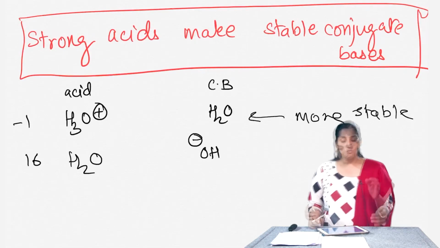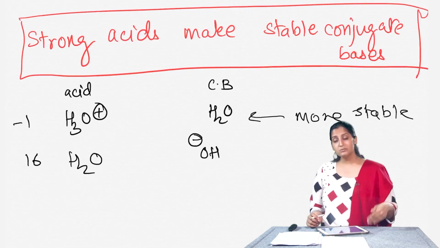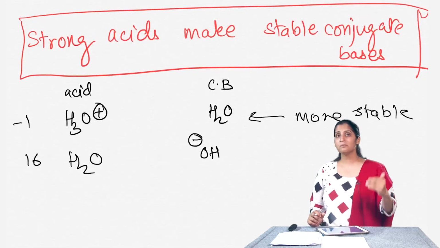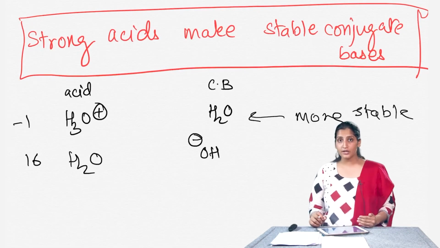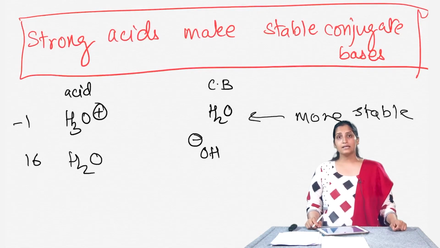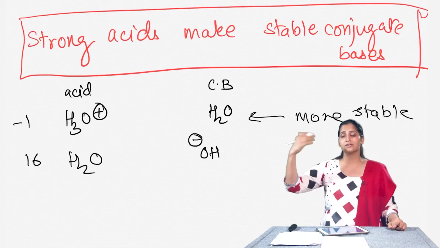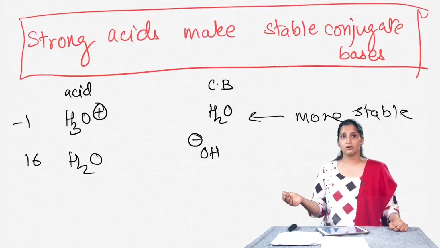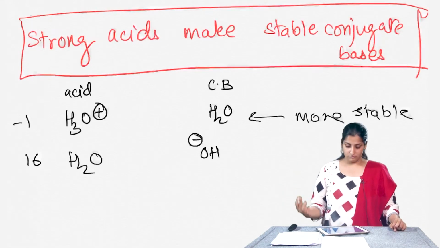One point that we need to ponder when we look at these pKa values: how much stronger is the hydronium ion H3O plus compared to water when it comes to acidity? The reality is that it is 10 raised to 17 times stronger than water.